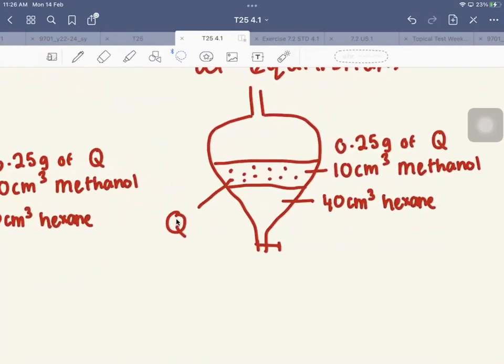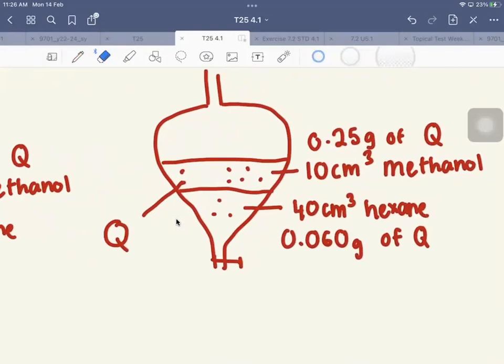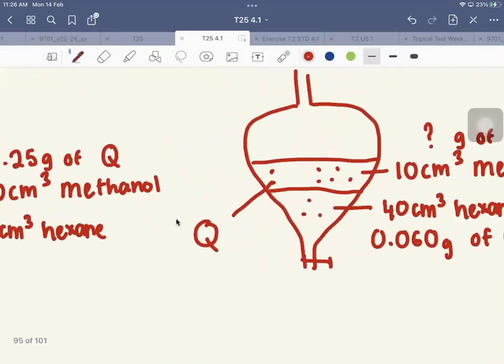Okay, so that means now some of the particles of Q have moved to the hexane layer, and it was found that you have 0.060 grams of Q. So automatically, because you now have some Q particles leaving the layer of methanol, the mass of Q in the methanol layer would decrease. Okay, it's no longer 0.25 grams.